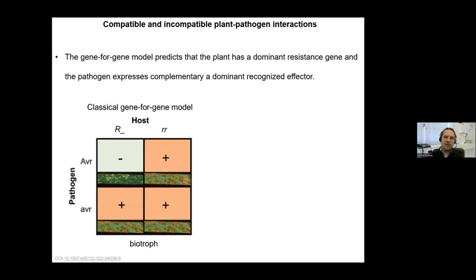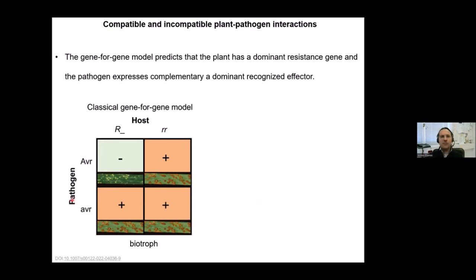And this is the gene-for-gene model, which was first built up by Harold Henry Flor, where he has shown that if there is a resistance gene and on the pathogen side the corresponding AVR gene, you have a recognition and the plant stays healthy. But if either the resistance gene is missing or the effector which is getting recognized is missing, then you have infection happening, here for the rust in this case.